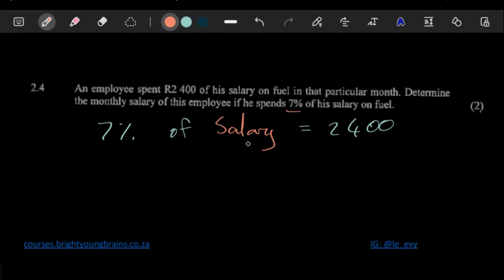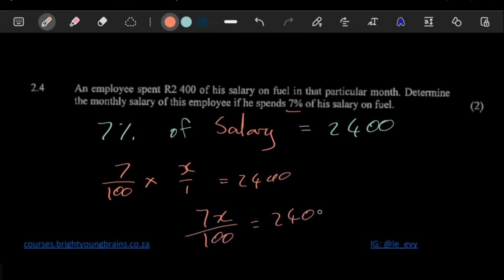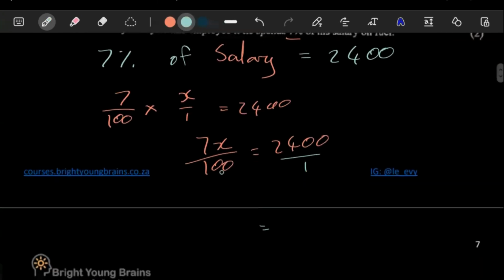So 7% of the salary is equal to the fuel. Of means times. So this is going to be 7 over 100 times an amount that we don't know, equal to 2,400. This is going to give you 7x over 100 equals 2,400. Here, we're going to need to cross multiply. So 100 times this is 240,000. This is 7x.